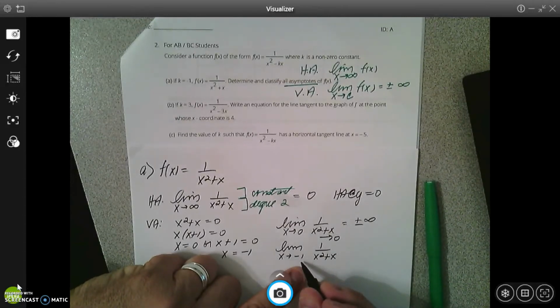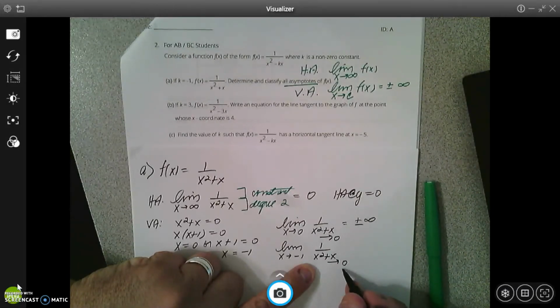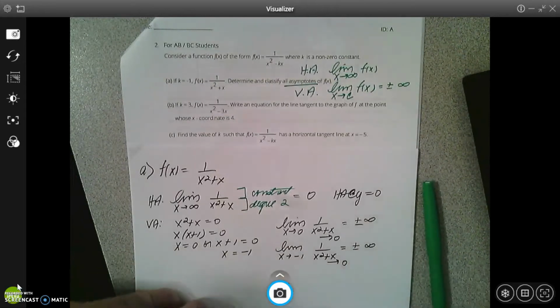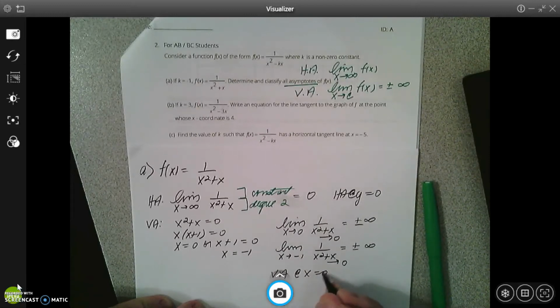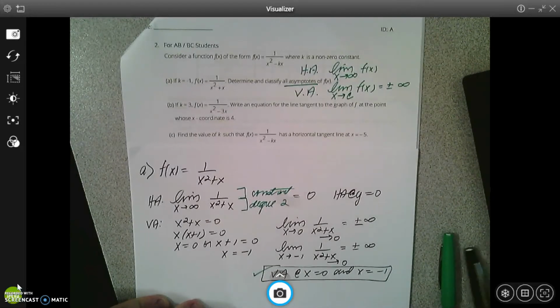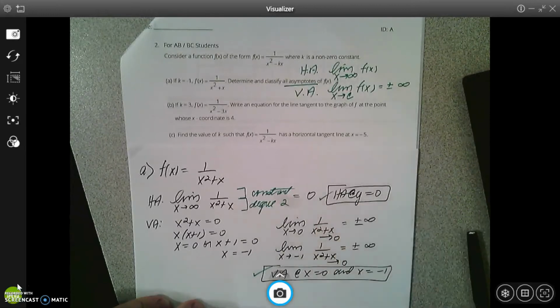If we try plugging in -1, you'll get -1 squared, which is 1, plus -1, which is 0. Again, the denominator approaches 0 and the numerator is 1. The limit is going to be positive or negative infinity. So we have vertical asymptotes at x equals 0 and at x equals -1. On the scoring rubric, I believe we awarded 1 point for identifying the vertical asymptotes and 1 point for identifying the horizontal asymptote.